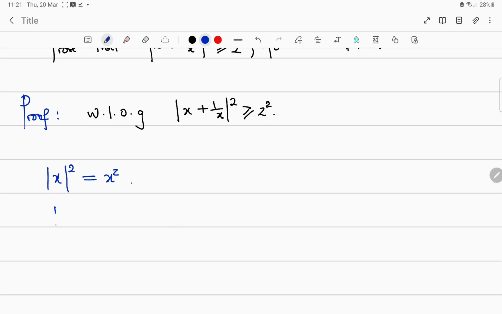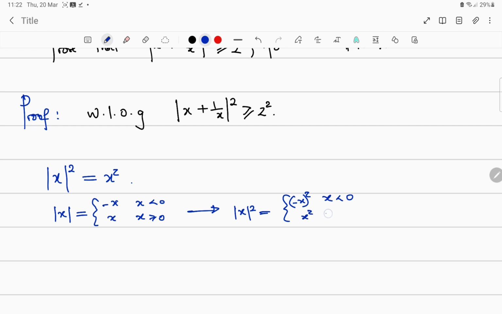Since we know that modulus of x is equal to minus x for x less than 0, and x for x greater than or equal to 0, it implies that modulus of x squared is equal to minus x squared for x less than 0 and x squared for x greater than or equal to 0.